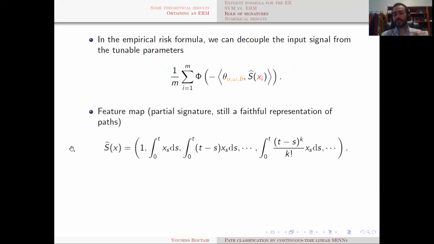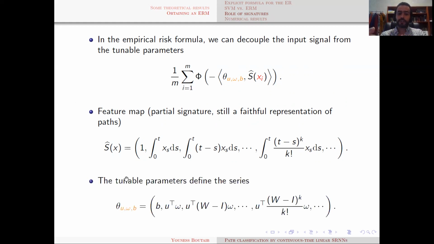However, this partial signature, which we call here a feature map, is still a faithful representation of the paths. That means that two paths that are different still have different partial signatures. And then we have a function of the tunable parameters that also looks like a signature in the sense that it is a polynomial of degree k divided by k factorial.